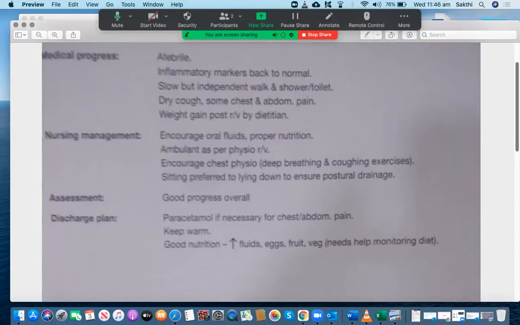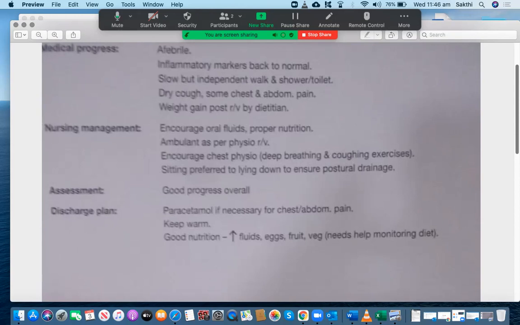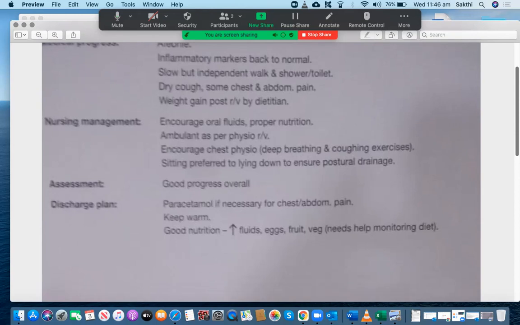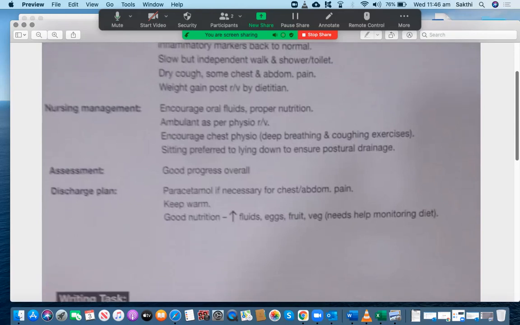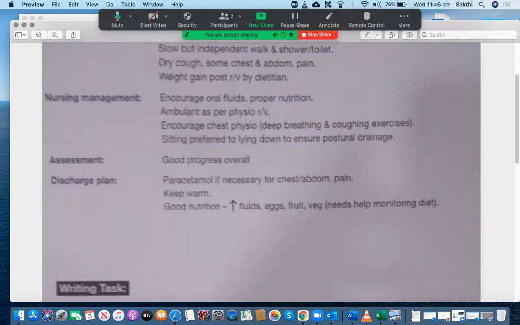Encourage oral fluids, proper nutrition, ambulant as per physio review. That's all right. Encourage chest physio, deep breathing and coughing exercises. Sitting preferred, that's okay. Lying down to ensure postural drainage. Paracetamol if necessary for chest or abdominal pain. Keep warm, good nutrition, increase the fluids.